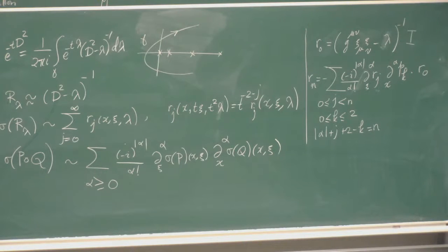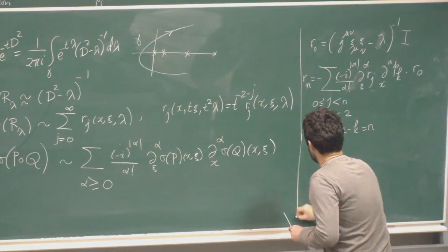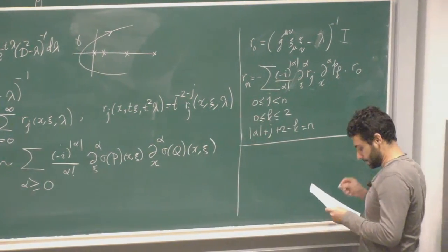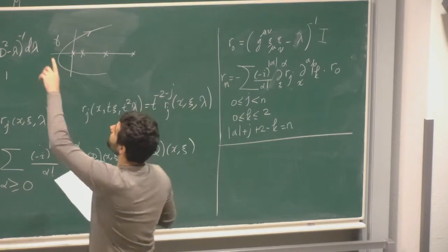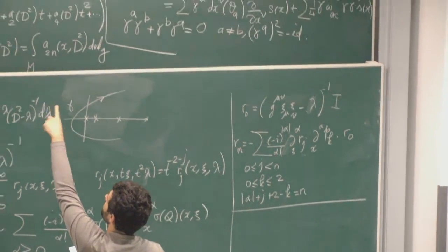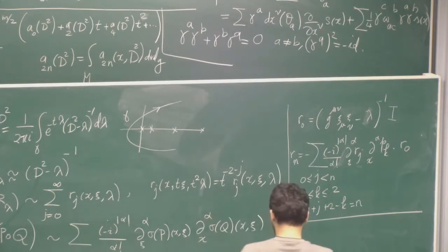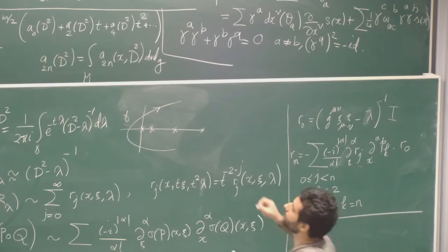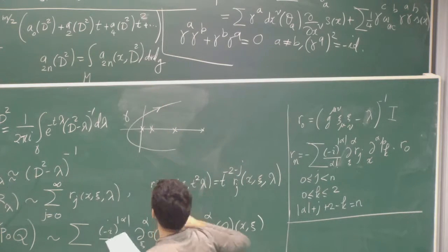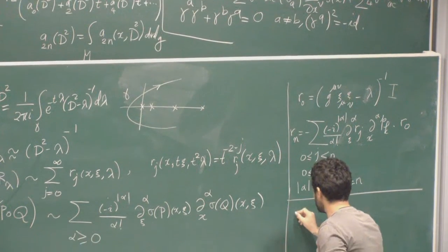And there are many, many terms in order to compute Rn for n equal to 4, 6, 8, and so on and so forth. But if you do this calculation, then this coefficient a to n that appears in that asymptotic expansion, so as I explained, it is the integral of some local a to n of x and d squared. So then you have a formula for a to n x d squared.